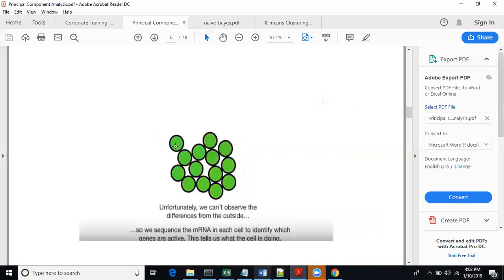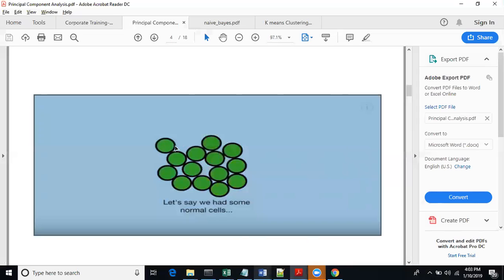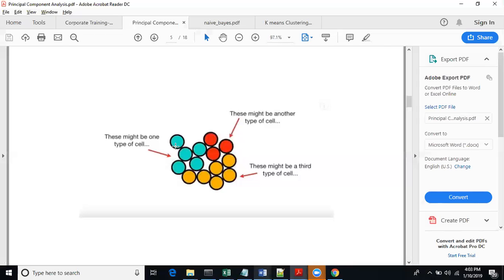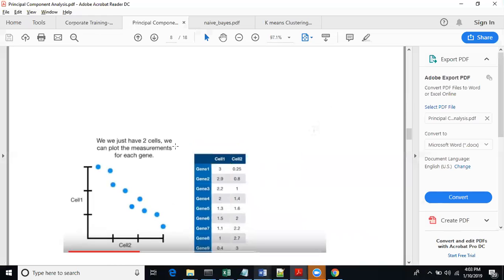So how can we get it? In a 2D plot we can see only one thing, but we cannot visualize what is going on and how the difference is. So let's say we have many cells. Ultimately it works like that.